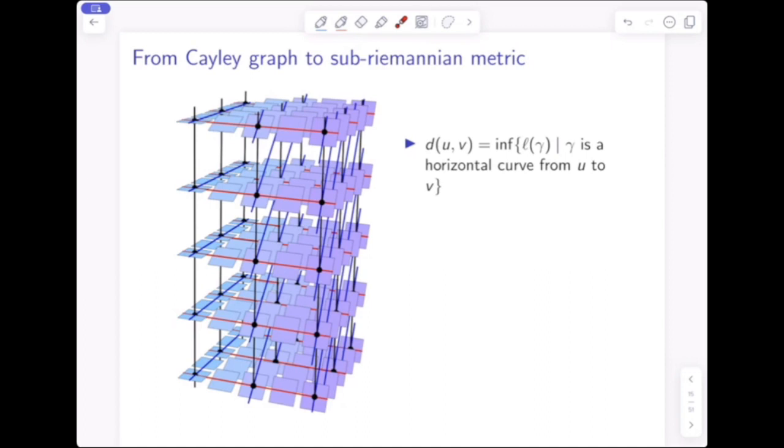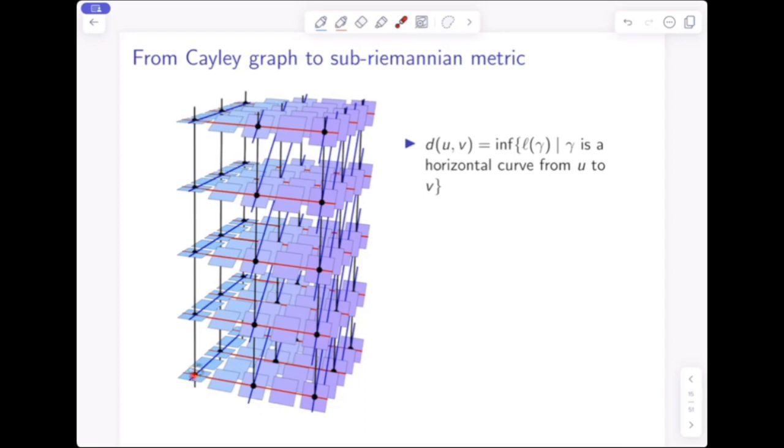But because some vectors have infinite lengths, in order for that length to be finite, the path has to be horizontal. The path has to be tangent to these horizontal planes at every point. And so we're looking for paths that are tangent to these planes that only move in the red and blue directions. Now, because of the noncommutativity, because of these spiral paths, there still are horizontal paths from any point to any other point.